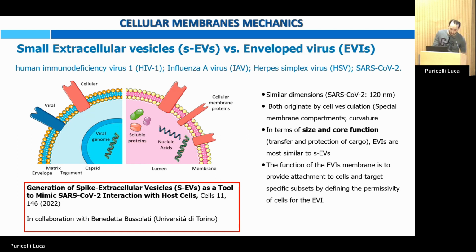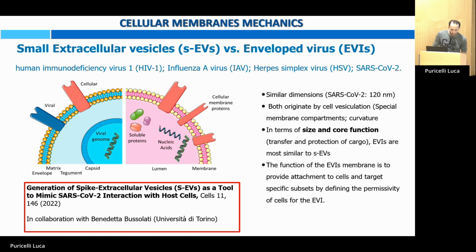The reason is that they are very similar to some kinds of viruses. So they can be considered virus-like particles. They are similar in dimension, especially, for example, with the SARS-CoV virus. They are similar in some cases in their origin, how they are originated, and also in terms of function.